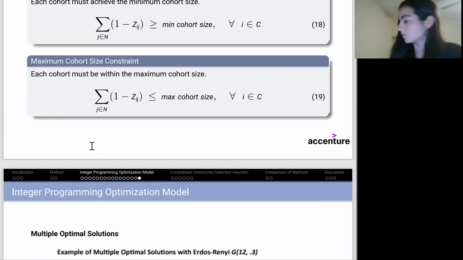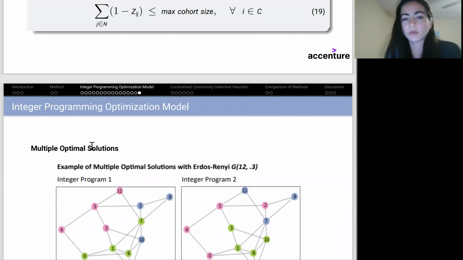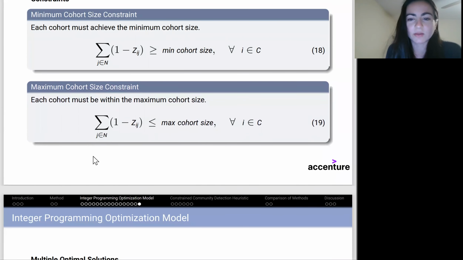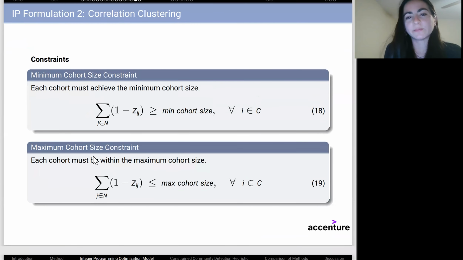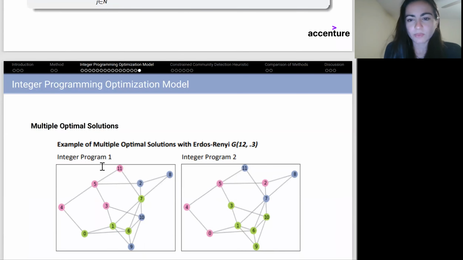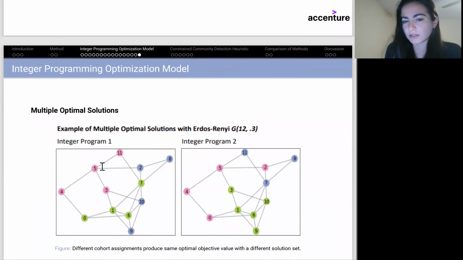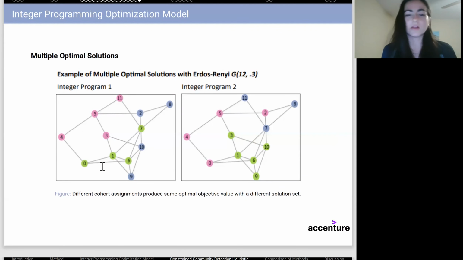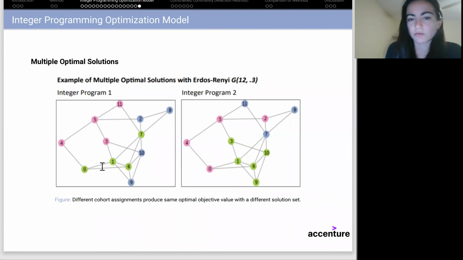And I think that's it for the formulations. So we set up some tests and ran them. An interesting note is that similarly with a lot of other optimization formulations, we do have multiple optimal solutions here.